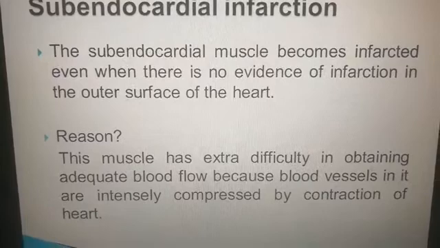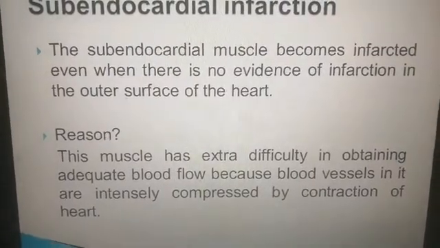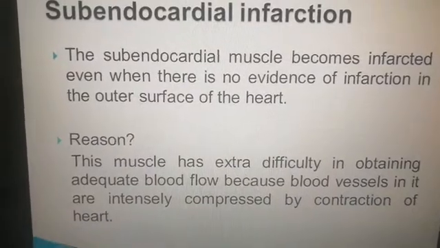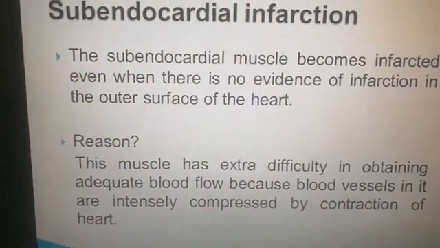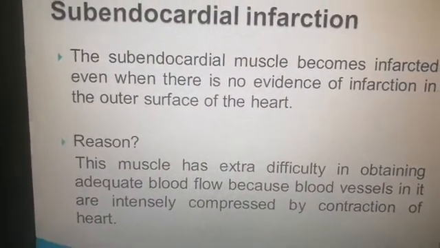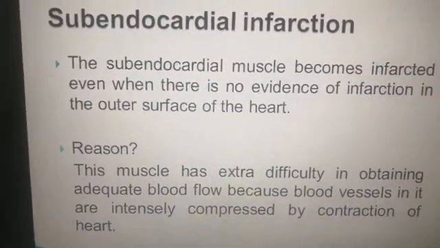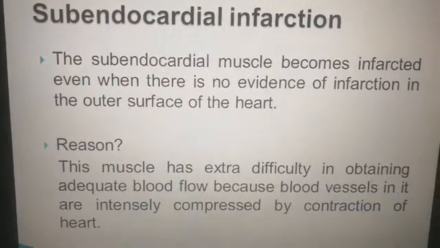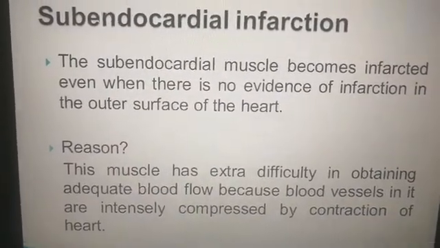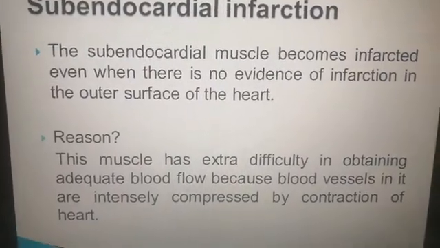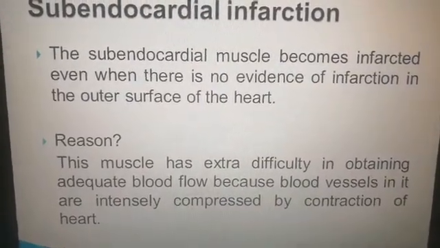Because it is the underlying muscle of the heart, there is difficulty in blood reaching that area, and when the heart contracts, there is pressure on the blood vessels, so there is extra difficulty in obtaining adequate blood flow, because the blood vessels in it are intensely compressed by contraction of the heart.